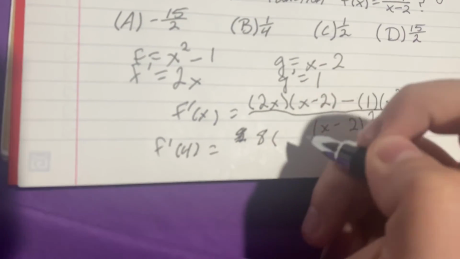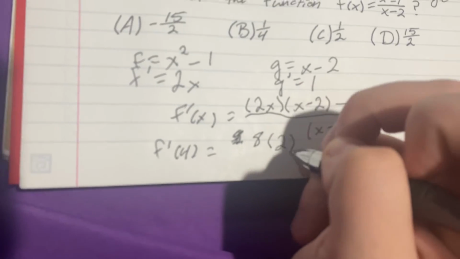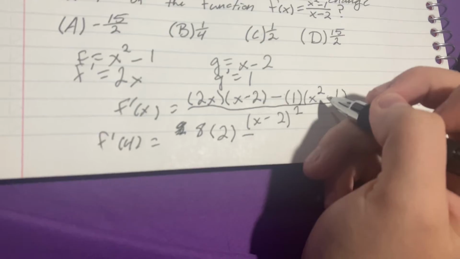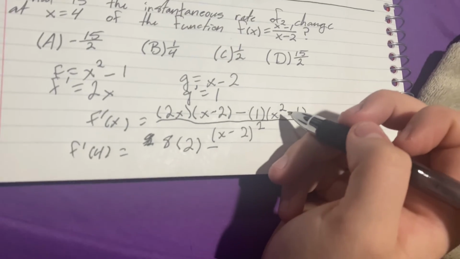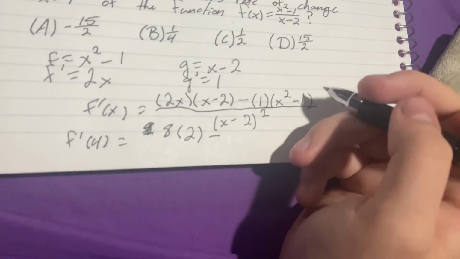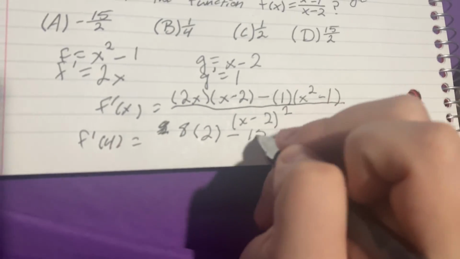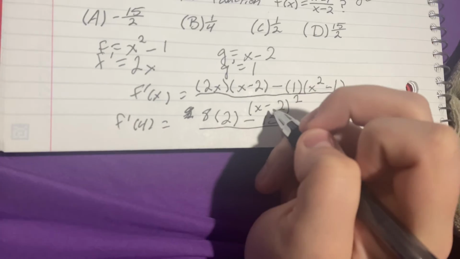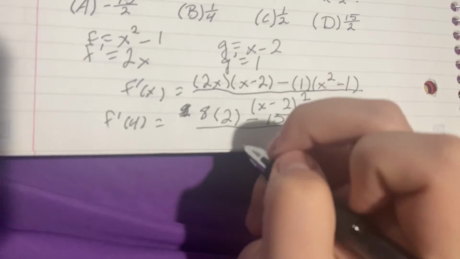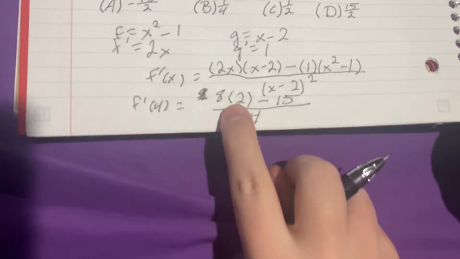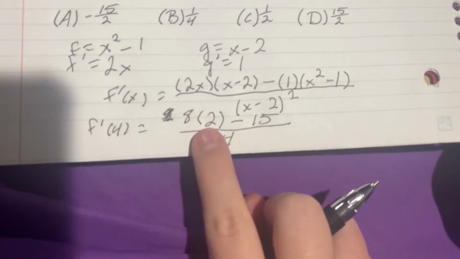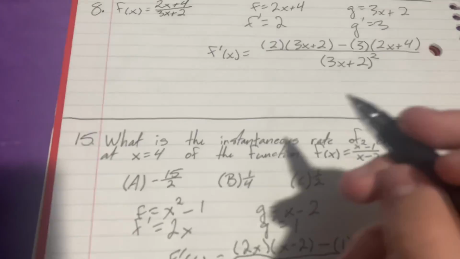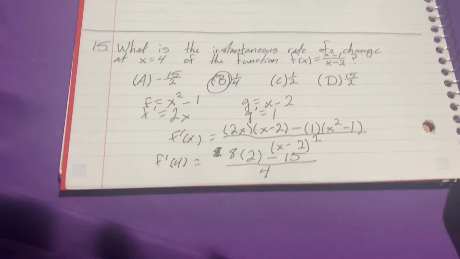So 8 times 2 minus 4 squared is 16, minus 1 is 15, so 15 over, and then 4 minus 2 again is 2. 2 squared is 4. So then 8 times 2 is 16, minus 15 is 1 over 4, which will be B. So B is the correct answer for 15.